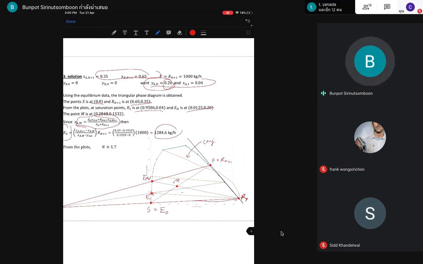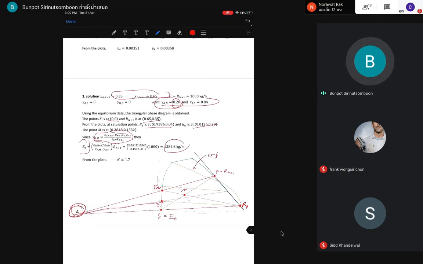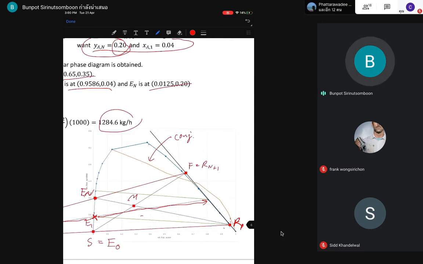Then from F, I draw a line past the point En to get the intersection point here, the delta point. And then once I know R1 and find E1, I can draw this line from the delta point through E1 to the other side and hit this point here. So this point is R2.